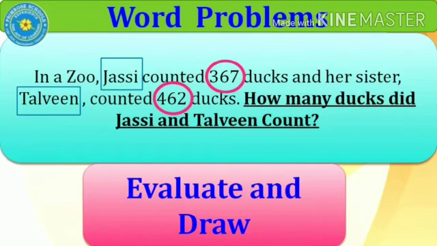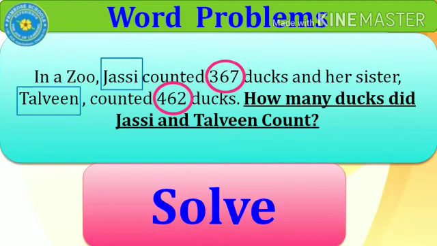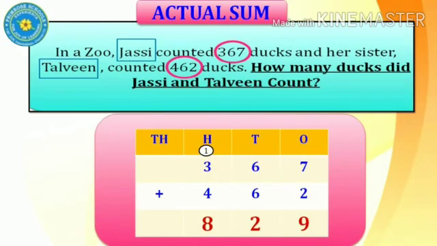Fourth step, evaluate and draw. So how can we draw this problem? Here we know Jessie has counted 367 ducks and Talveen has counted 462 ducks. So I have drawn it like this. Then finally, fifth step, S for solve. Now we are going to solve it out. First, we are going to find the actual sum.